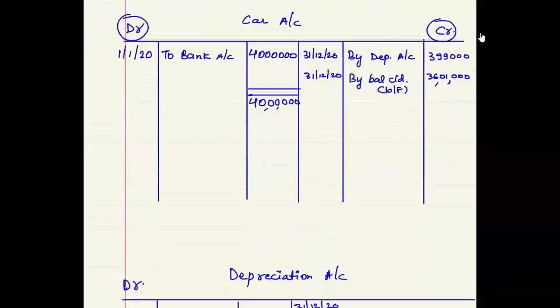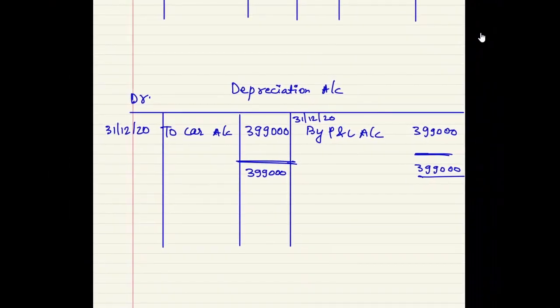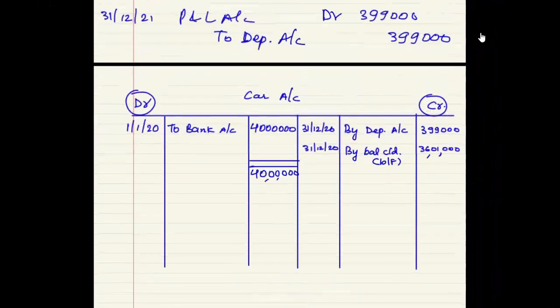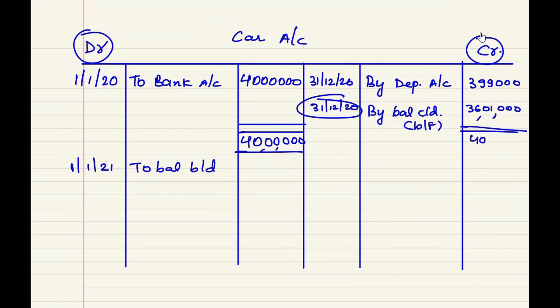From the ledger perspective, the balance that was carried down on 31st of December will be brought down on 1st of January 21 as balance brought down. Here both sides have a total of 40 lakhs.